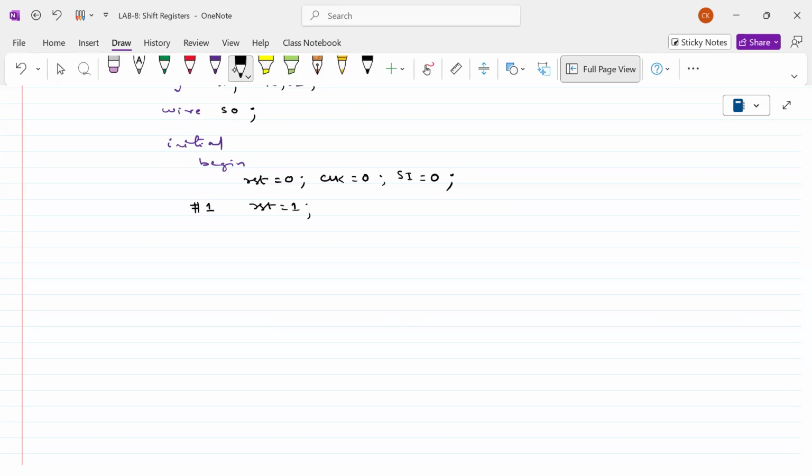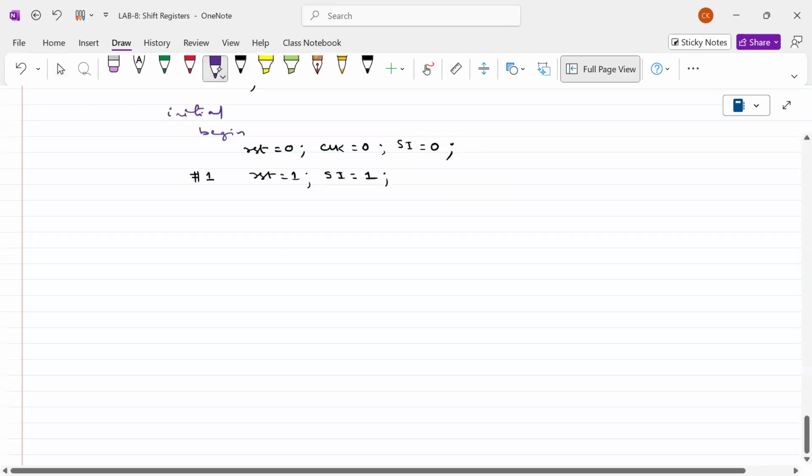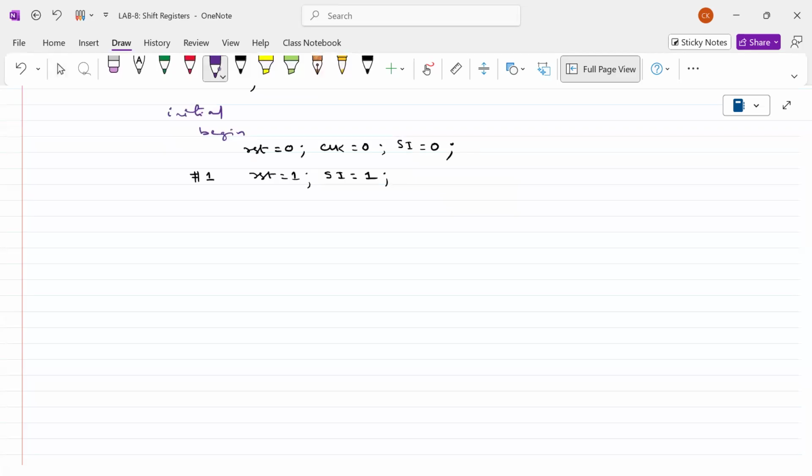Clock I will do later because it's a periodic signal, right? Just initialize, and later I'm going to change something. Serial in data is equal to 1. SI is 1. Let us change the serial in data also. Another 1 nanosecond, that means 2 nanoseconds, or maybe, for example, 5 nanoseconds. Let me write the 5 nanoseconds.